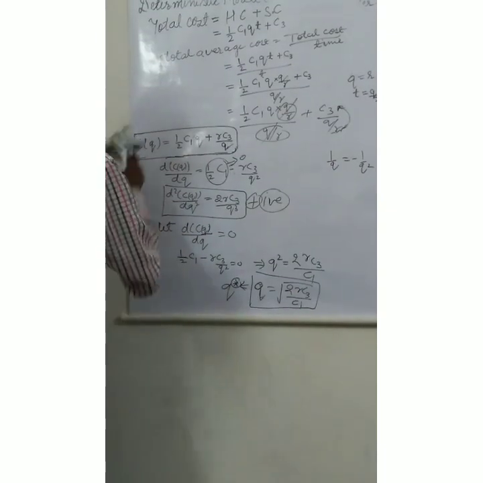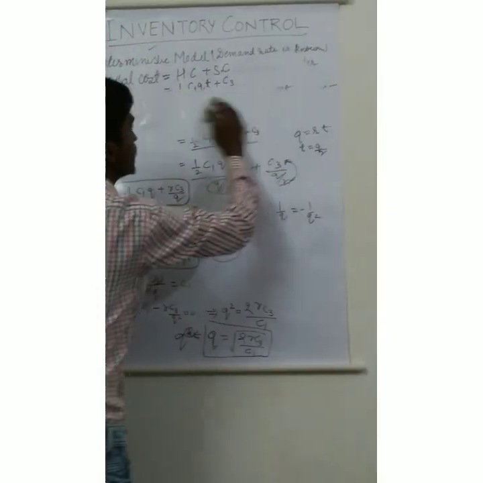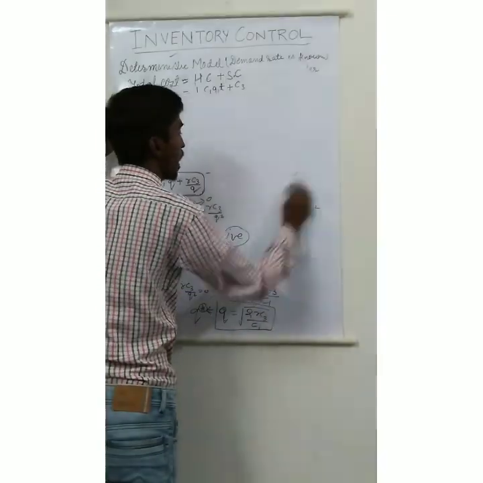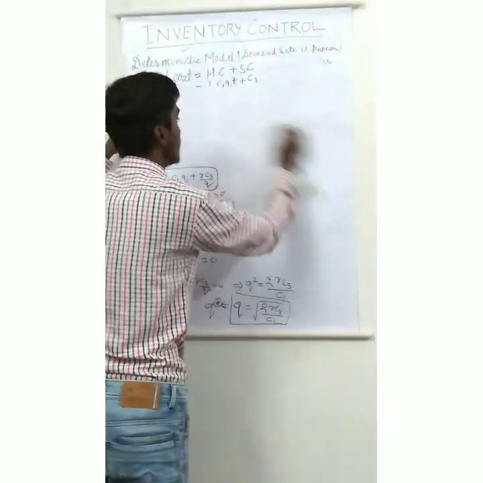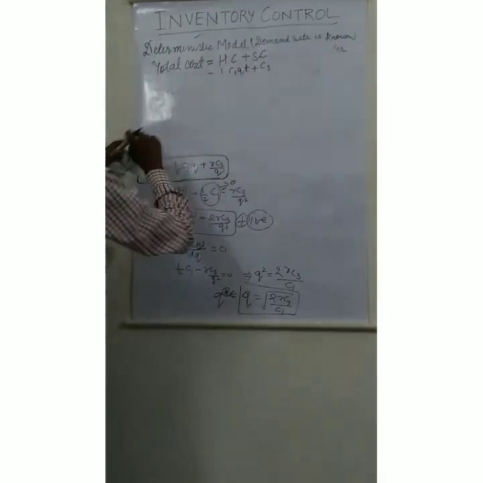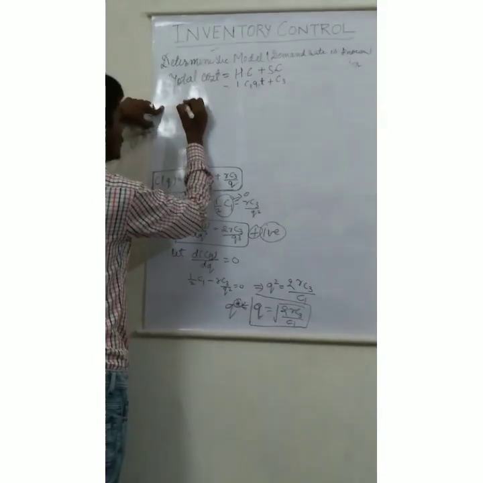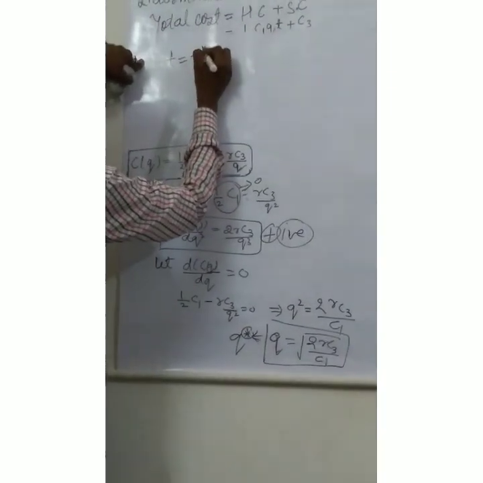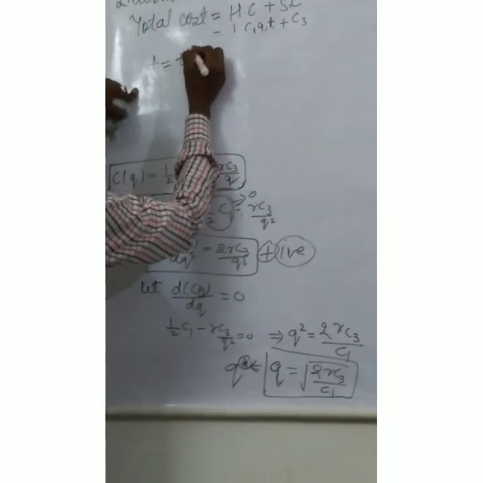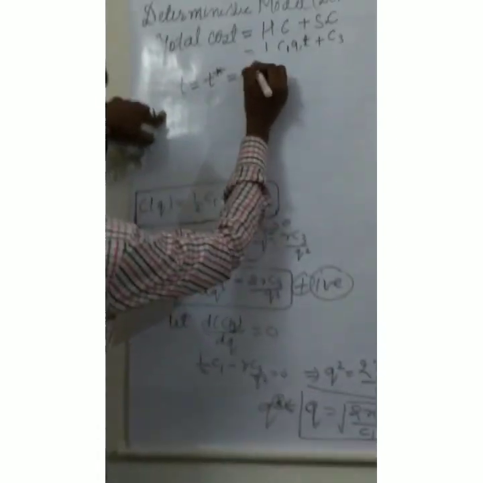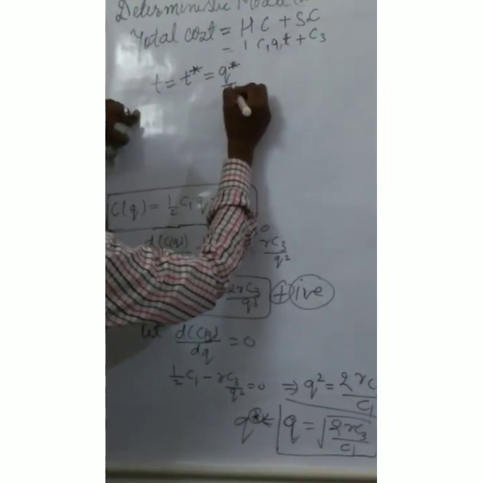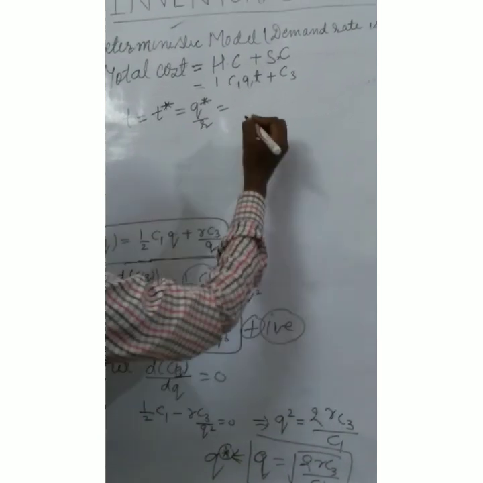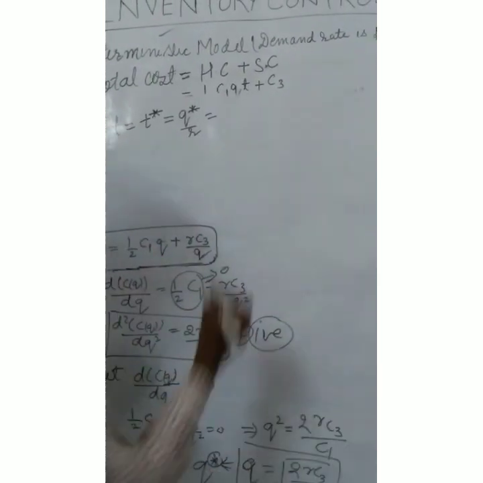Corresponding to the economic lot size, we can also find the minimum time, in how much time we can collect the inventory. The minimum or optimum time is denoted by T star, which is Q star upon R. So what is the value of Q star?